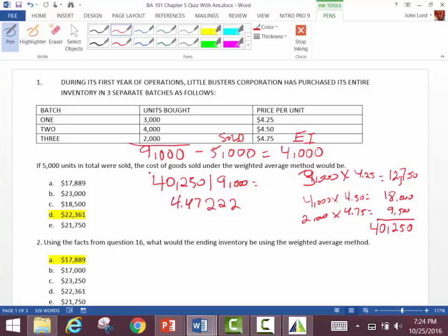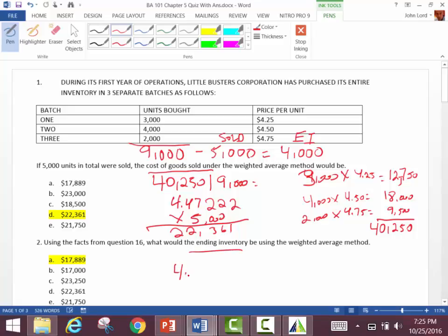Now what do you want me to do? They want to know the cost of goods sold. Take that number, multiply it by the number of items sold, 5,000, right? And that gives me something close to 22,361. Good. You want to do the ending inventory?